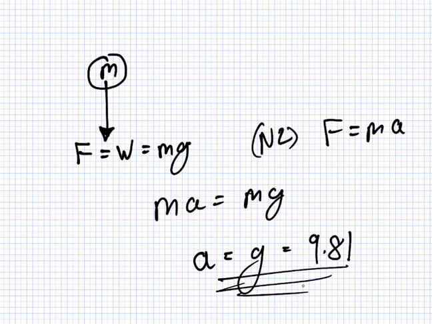Not so much the mass, no. Because we see here that the mass is not important. And the reason is, when it's falling, we shouldn't forget there's actually a drag going up.